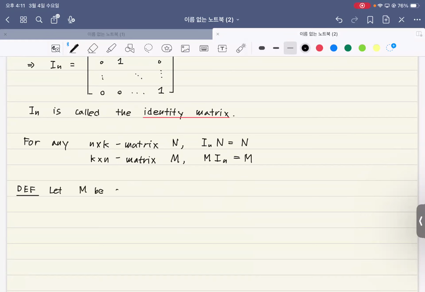Suppose that M is a square matrix, an n by n matrix.